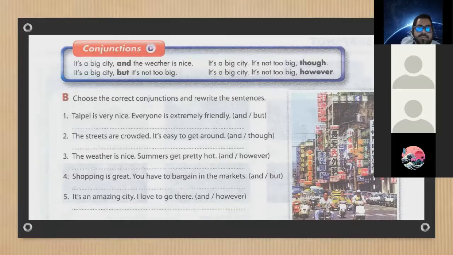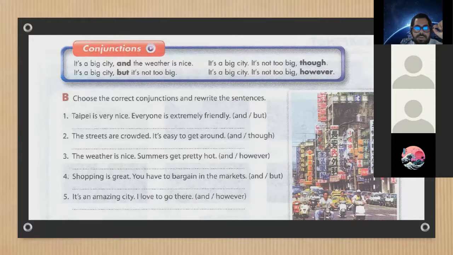And by the way, okay, lady, we're starting a new unit. Okay, we're going to unit 11. The idea from this unit, let me show you here, is that we're studying some connectors, okay? Conectores de oraciones, right? For example, el and, y esos que mencionamos antes por acá.